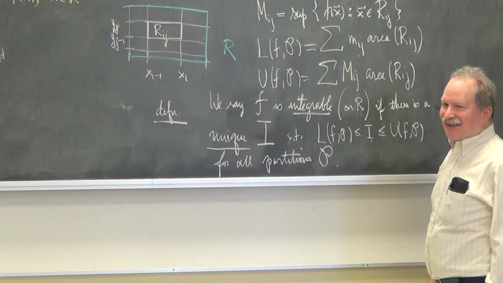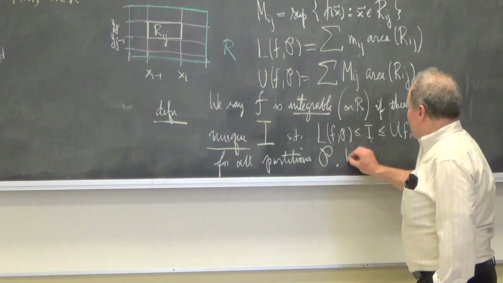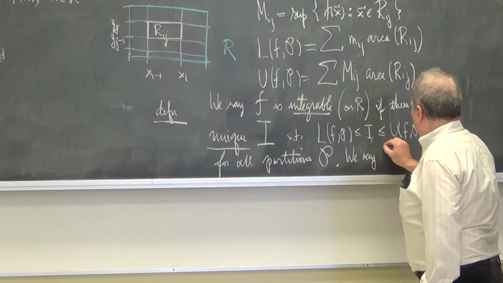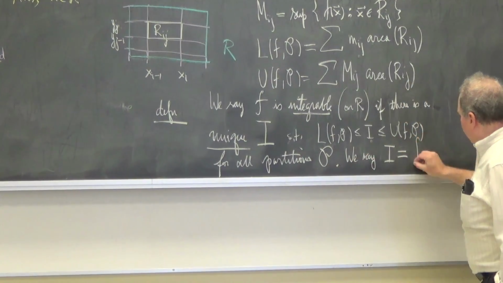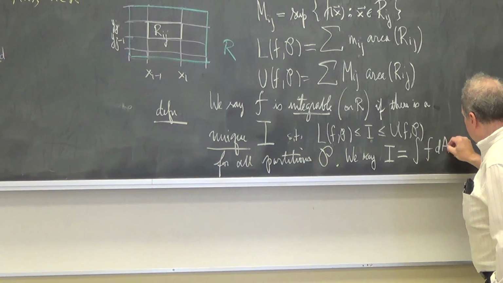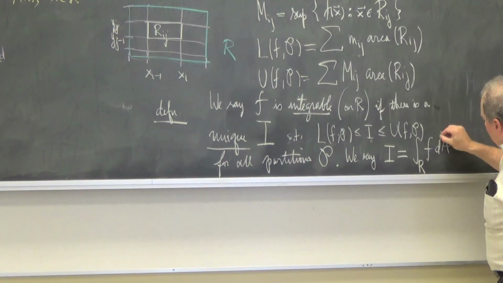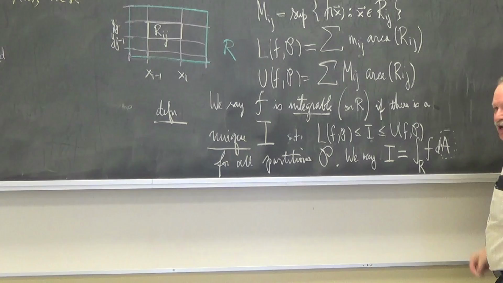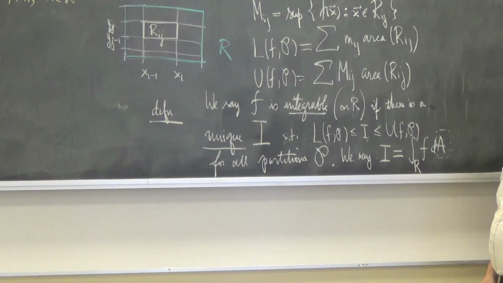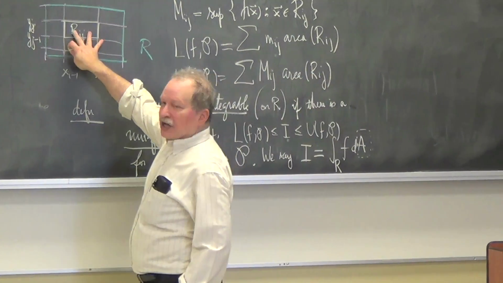Oh, please, Jonathan. We say I is the integral of f, and we write that integral of f dA over R. So the A is suggesting area, because you've chopped the thing up into areas.